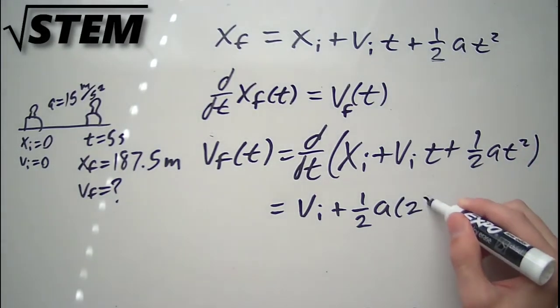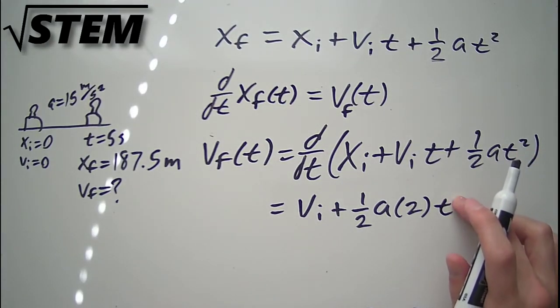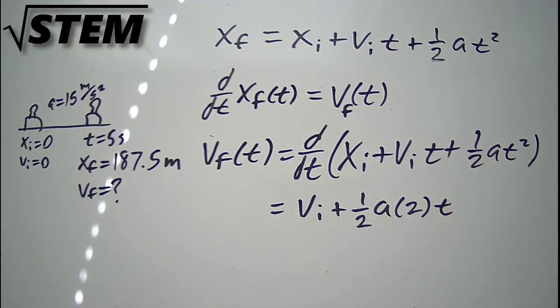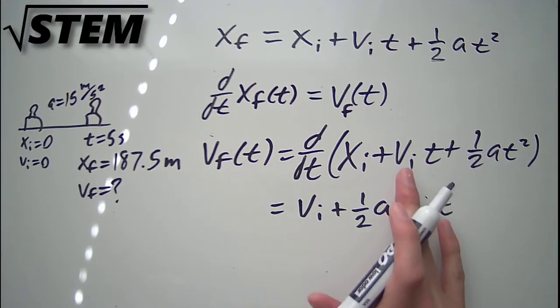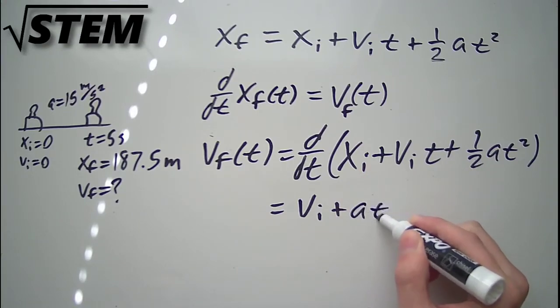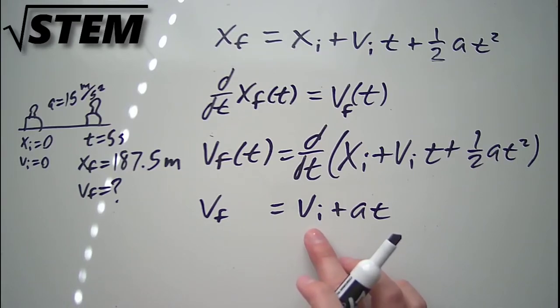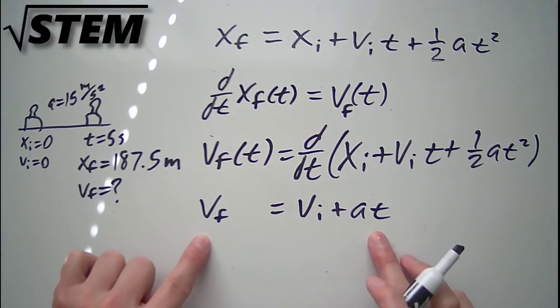So we'll have a 2, and then our exponent 2 gets reduced to 1, so t to the first power. And then if we just simplify that a little bit, the 2 and the 1/2 will cancel out. So v final just equals v initial plus a times t.